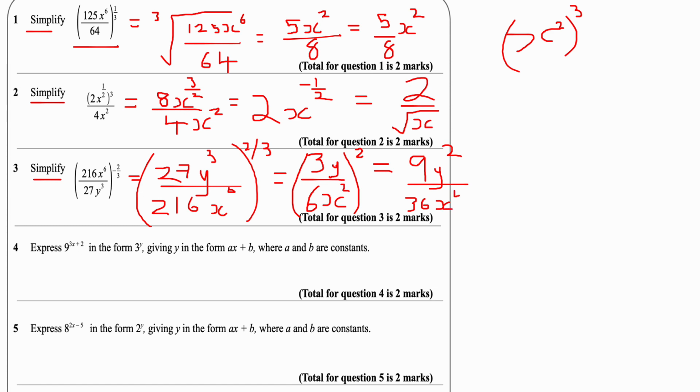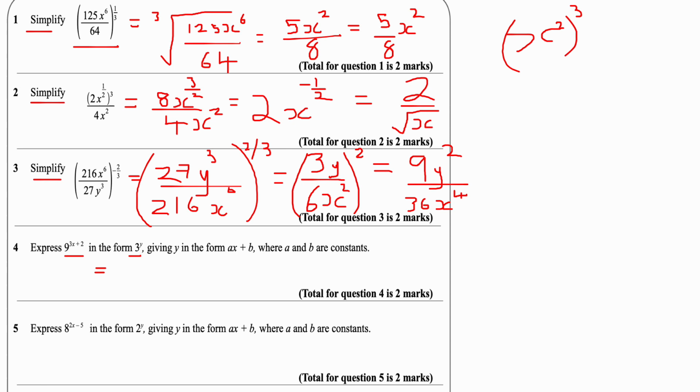Again, taking your time, guys, with these sorts of questions. The denominator of my power does the root, so it's the third root, i.e. the cube root, and then I raise my answer that I get once I've cube rooted it to the power of the numerator.